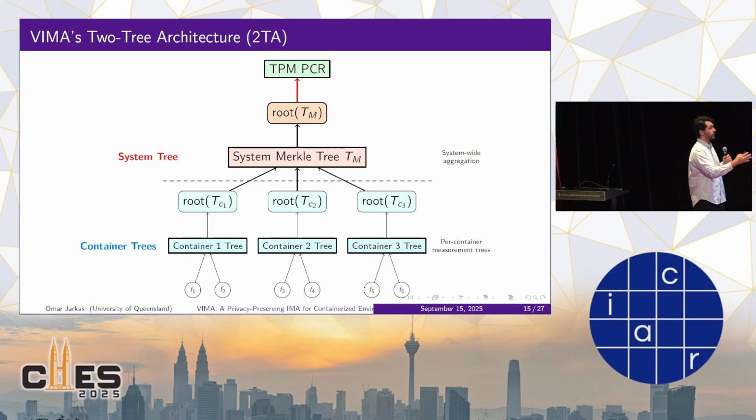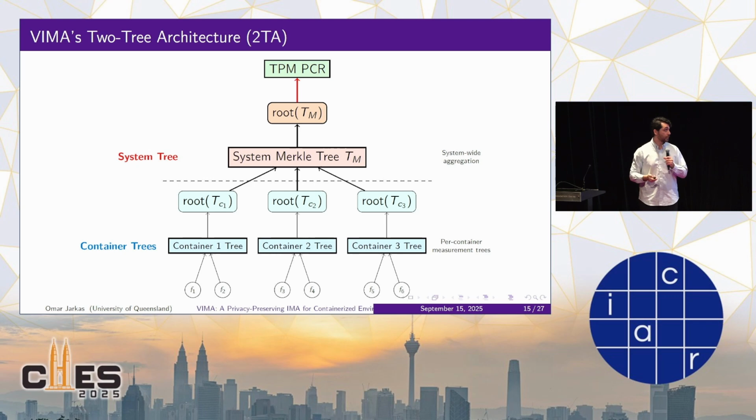Then for each container, we have a dedicated Merkle tree that is encapsulated by its Merkle root. So files running inside containers are tracked by the given container's Merkle tree, which is encapsulated into the root, and then the root is cryptographically linked to the system by being a leaf inside the bigger monolithic Merkle tree.